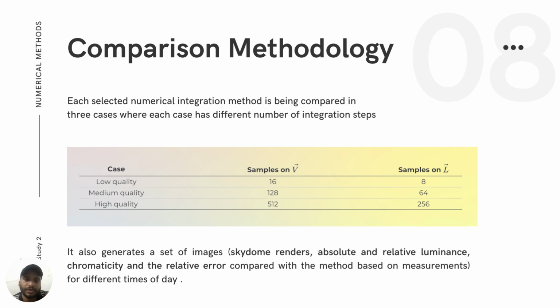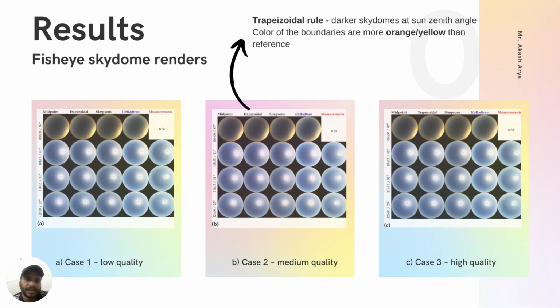So we have also taken images of some of these properties, right? We'll discuss the sky dome standard. Basically the last two are from Libreal, and this is the measurement from the Bruneton framework. We are comparing these three methods with these two measurements.